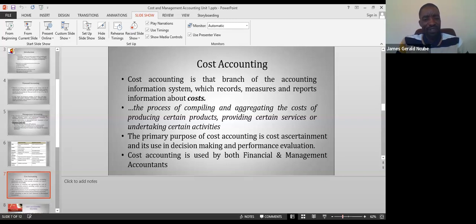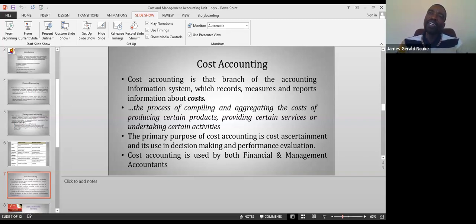If you cannot identify the cost involved in an activity, it is difficult to decide whether to continue or to abort whatever project you intend to undertake. You have to count the cost. So that's why cost accounting is of paramount importance as far as decision-making and performance evaluation are concerned.